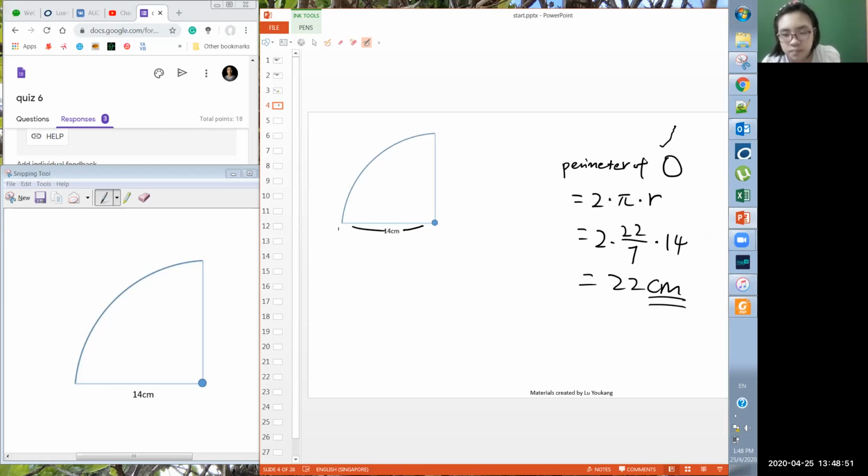So now this is a quadrant. What do you need to do? The entire circle is 22. So I just need to find this one only, the highlighted one.